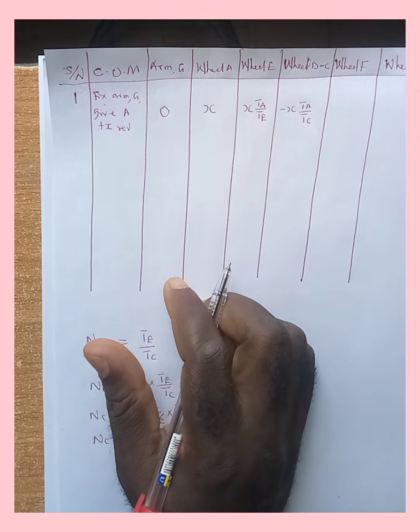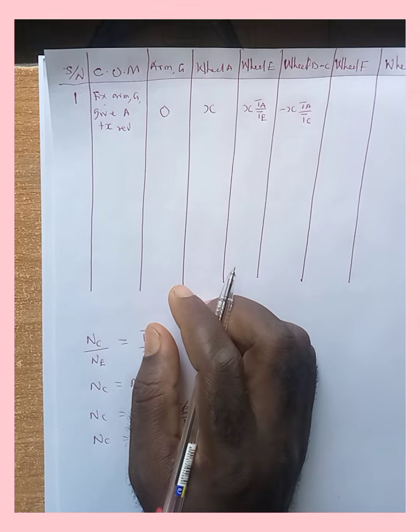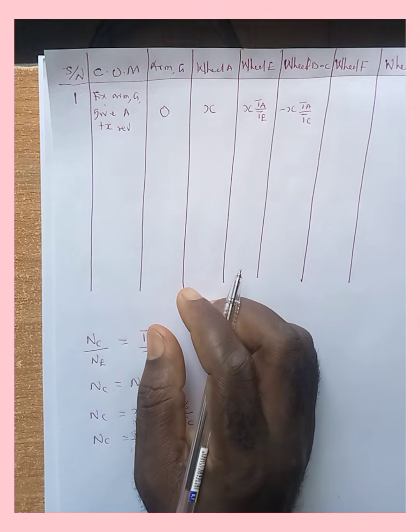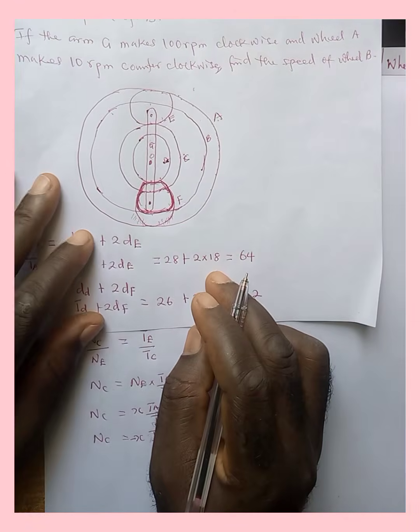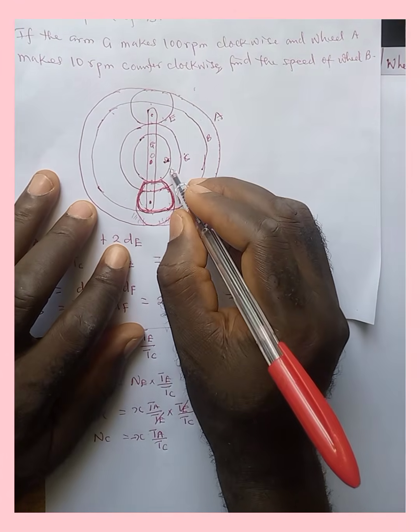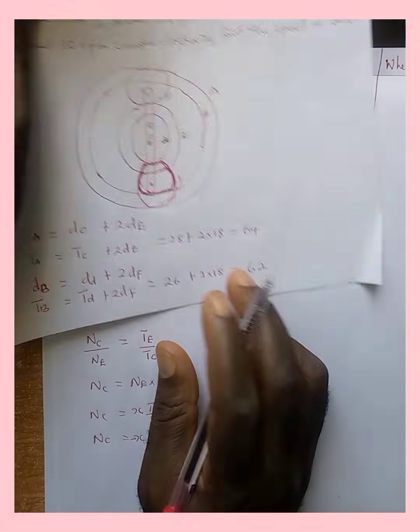Now, let us go to that of wheel F. You see, D is the driver, while F is the driven.